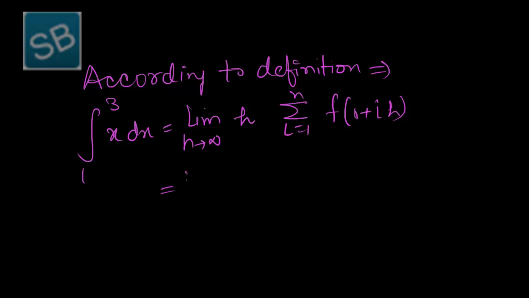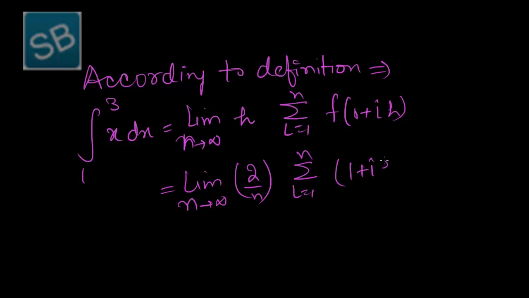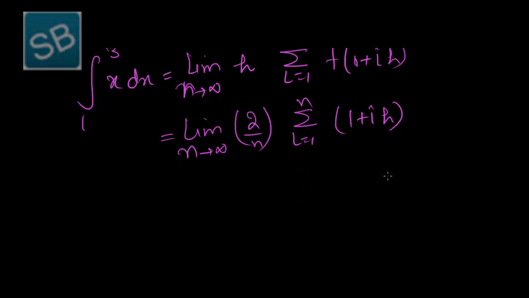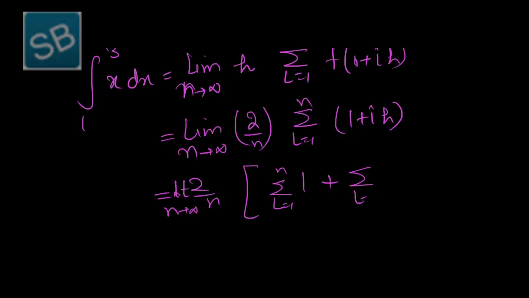So the value of h is 2 over n, and f of 1 plus ih is 1 plus ih. So we write limit n tends to infinity 2 over n, sigma i from 1 to n of 1, plus sigma i from 1 to n of ih.